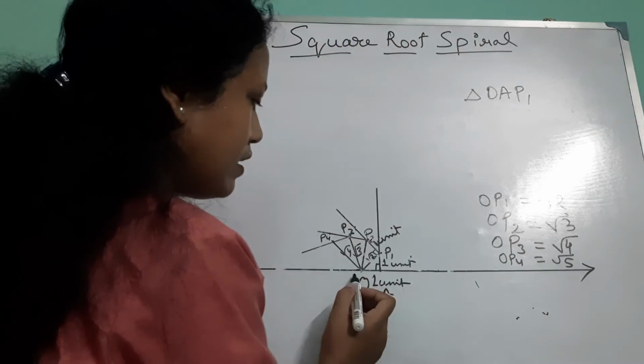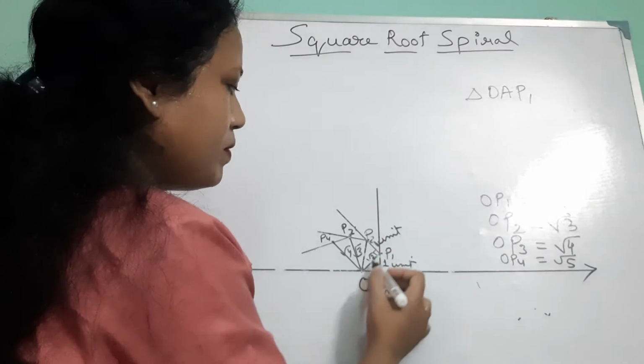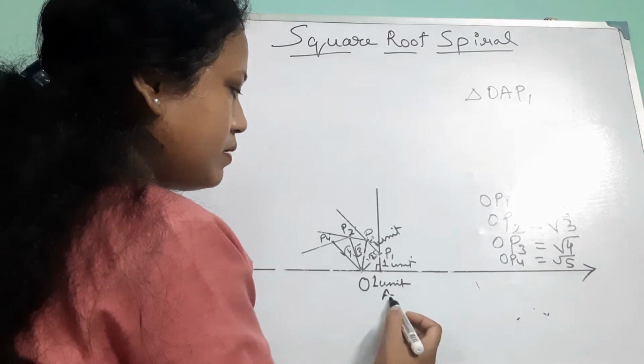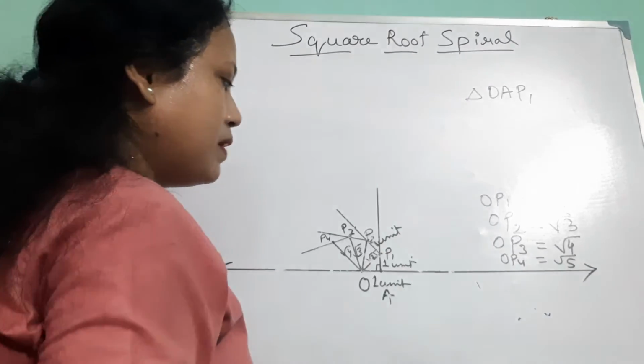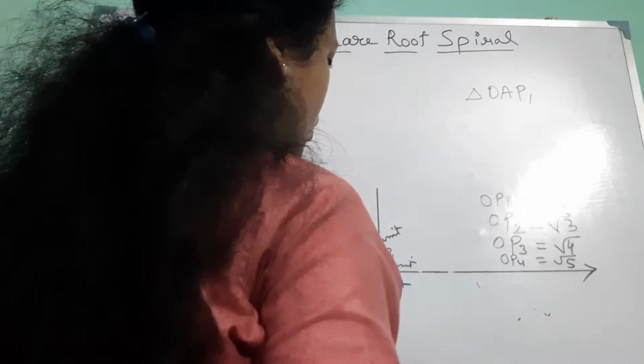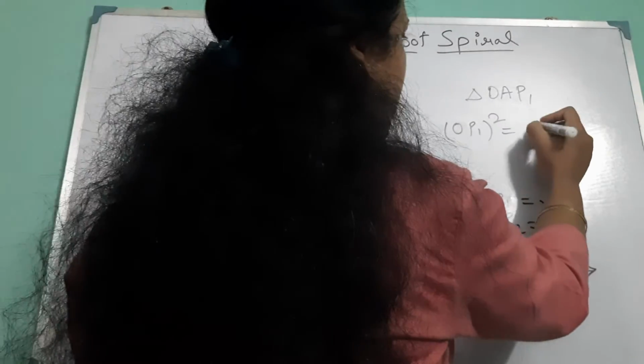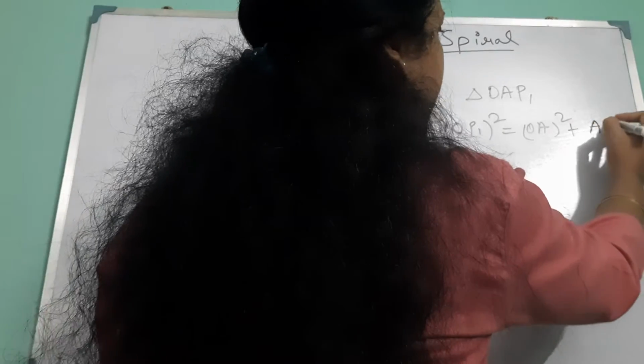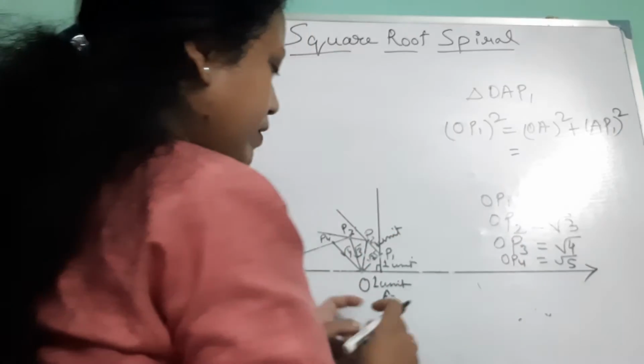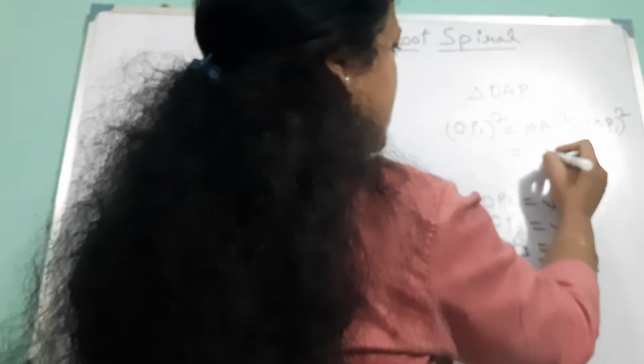In triangle OAP1, OP1 is the hypotenuse, OA is the base, and AP1 is the perpendicular or height. So OP1 square is equal to OA square plus AP1 square. OA we have taken as 1 unit.